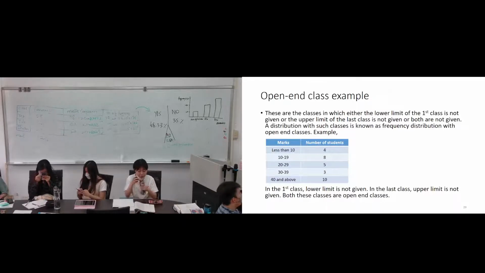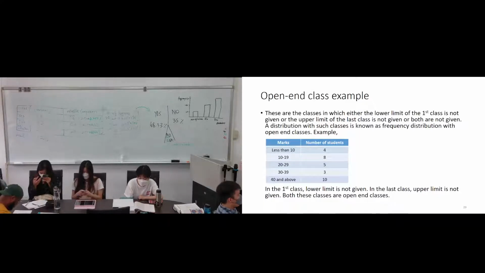The first class says less than 10, but it does not specify the lower limit of this class. It specifies the upper limit, but not the lower limit.